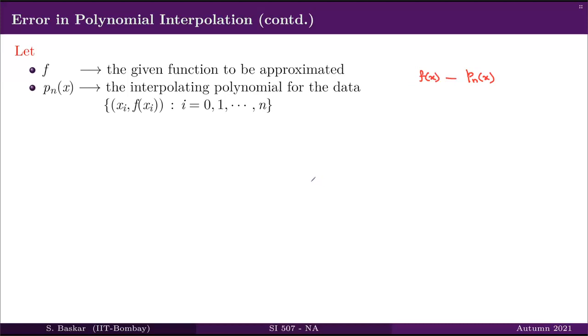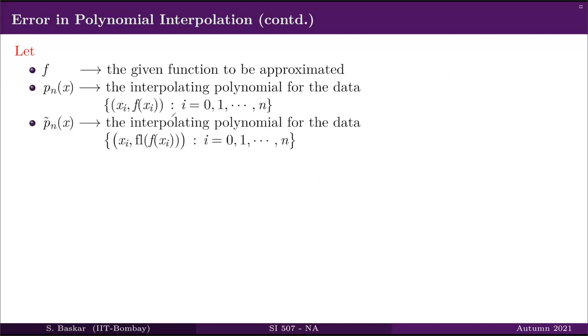And there is one more level of error that we will come across. We will get this error precisely when we go to compute this interpolating polynomial on a computer, because generally computers will not take the numbers that we give in their exact value. They always round the numbers and take an approximate value of that number.